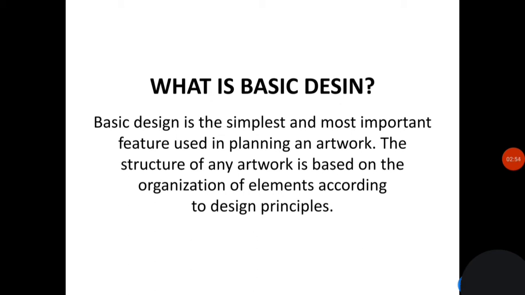Now, can you see that the use of elements of art and principles of art come into play in every creation of an artwork? So therefore, we have to bear in mind what the principles and elements of art are. What are the elements and principles of art?